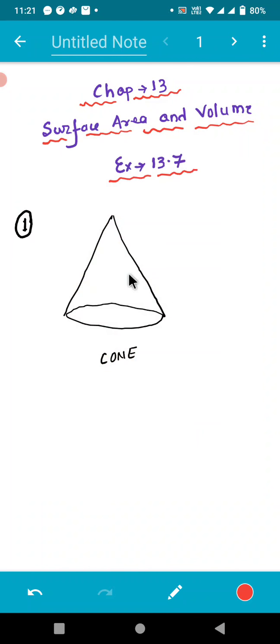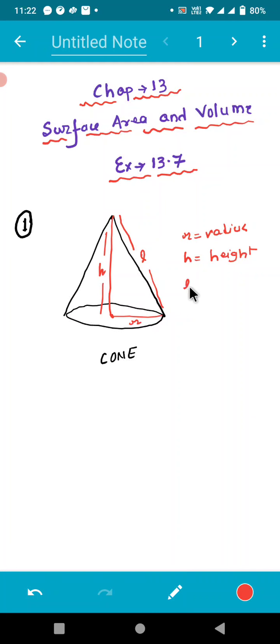Because it is a circular base, this is the radius, r, this is the height, represented as h, and this portion is called the slant height, represented as L. So r is radius, h is just height, and L is slant height.